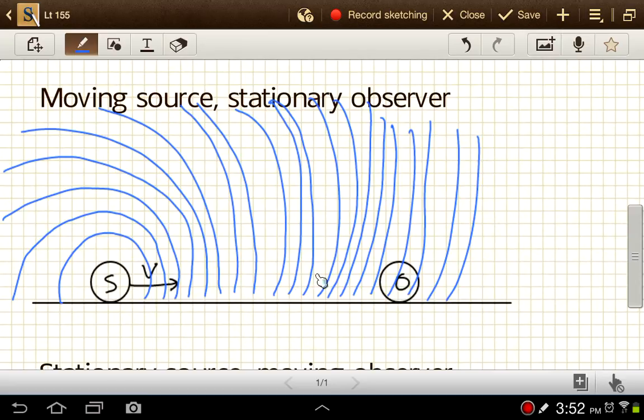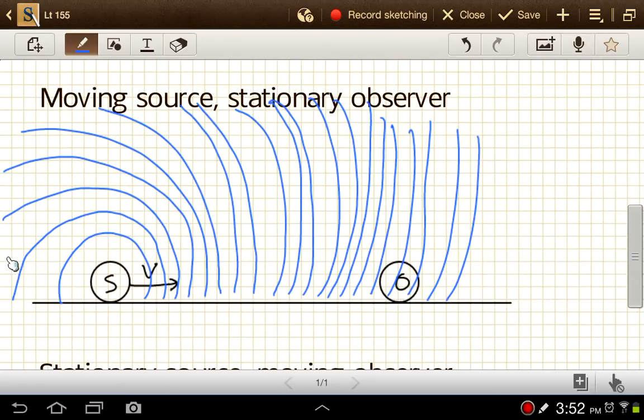These waves don't have very much distance in between peaks, and so this observer detects a lot of peaks in rapid succession. It detects a high frequency of these peaks, or a high pitch of sound. So as this source is moving toward this observer, it's going to hear a higher frequency sound.